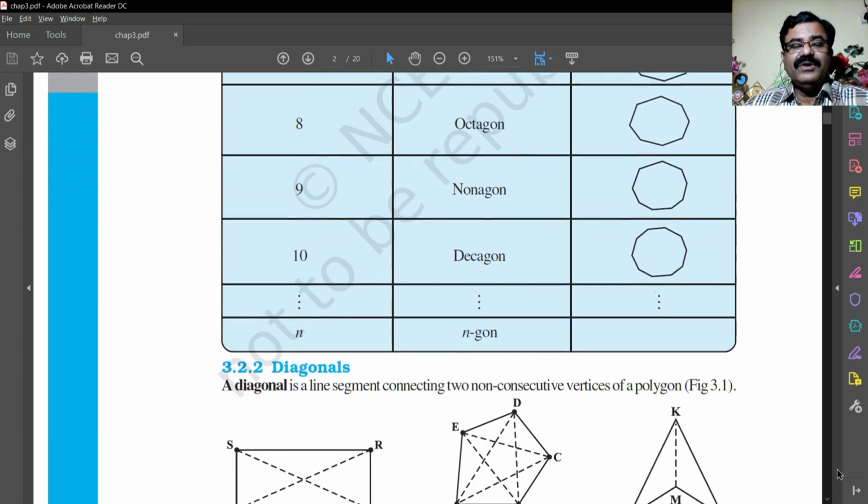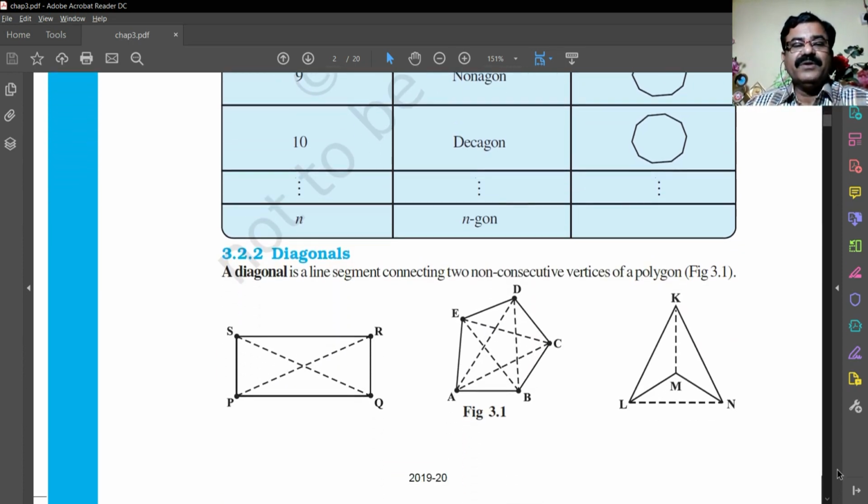Now the diagonal. It is very essential to understand that a diagonal is a line segment connecting two non-consecutive vertices of a polygon. You can see in figure 3.1 that a diagonal is a line segment which connects two non-consecutive vertices.